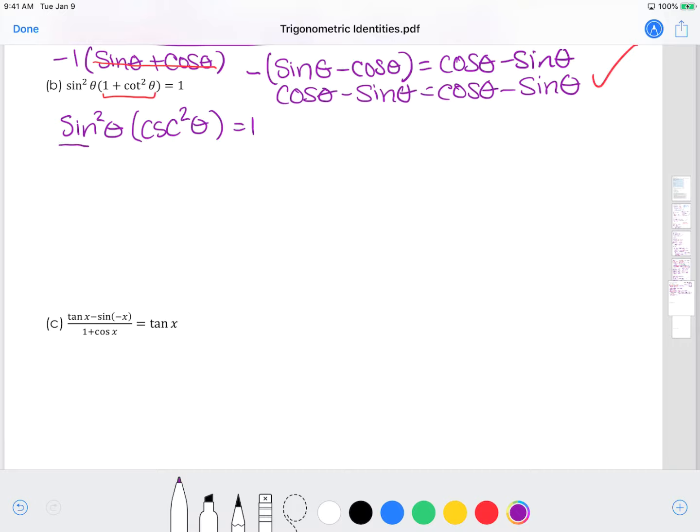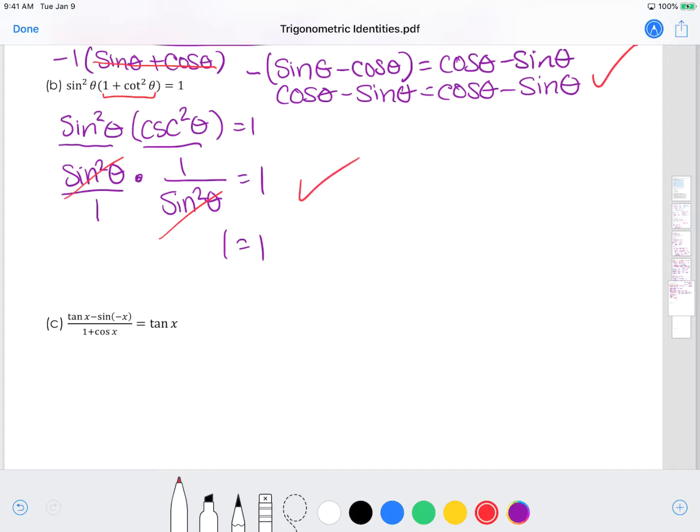And remember, when you multiply reciprocals, you get 1. Sine squared theta times 1 over sine squared theta. Because cosecant and sine are reciprocals, cosecant squared theta is equivalent to 1 over sine squared theta. And when I multiply reciprocals, I get 1 over 1, which is 1. So that one was a nice easy one, and all we used was the substitution for my Pythagorean identity.